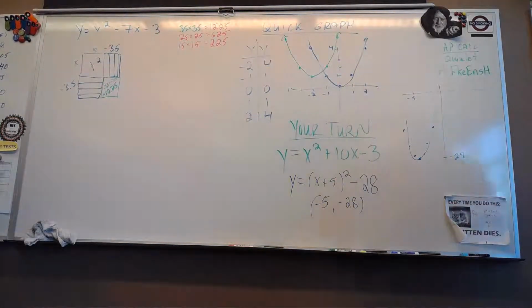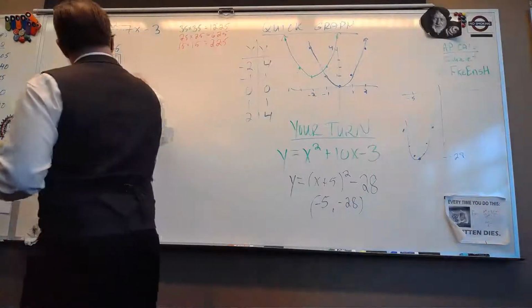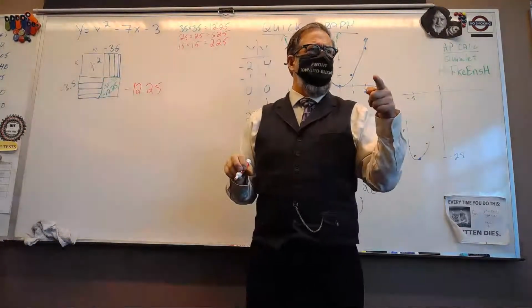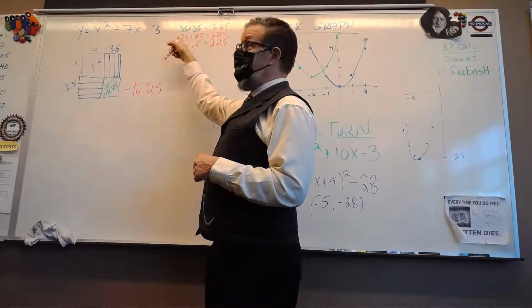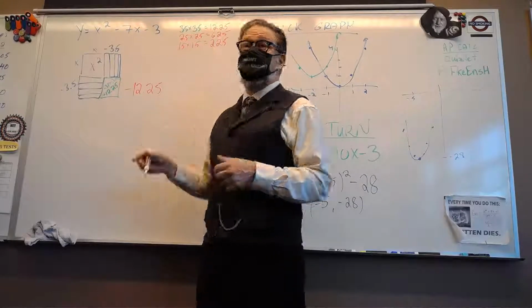And so I just try to keep track and pay attention to some of those. And then when they pop up in math problems, I know the answer. So what do I need to do? I need to subtract 12 and a quarter from that. You guys are also comfortable with the fact that I didn't have 35 times 35. I had 3.5 times 3.5, but that's just 2 less decimals.